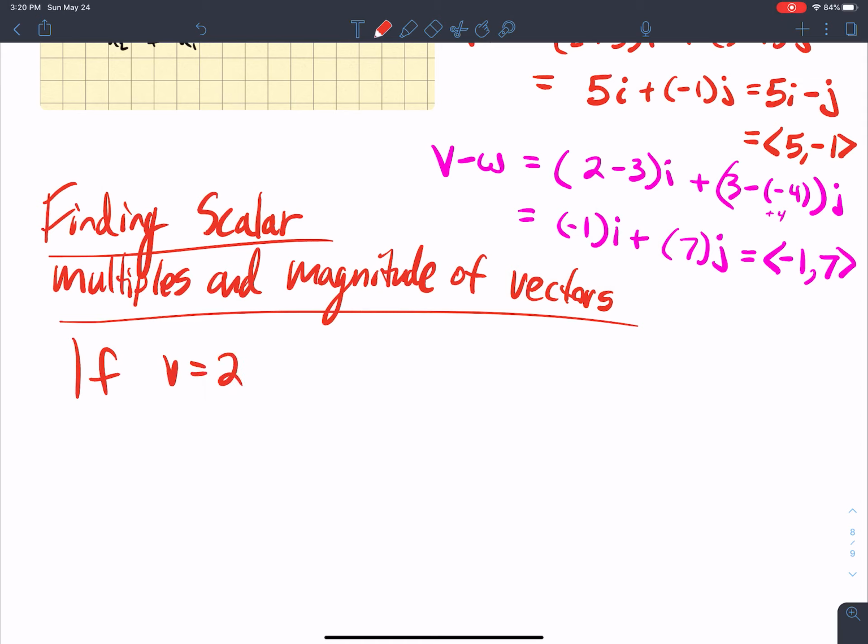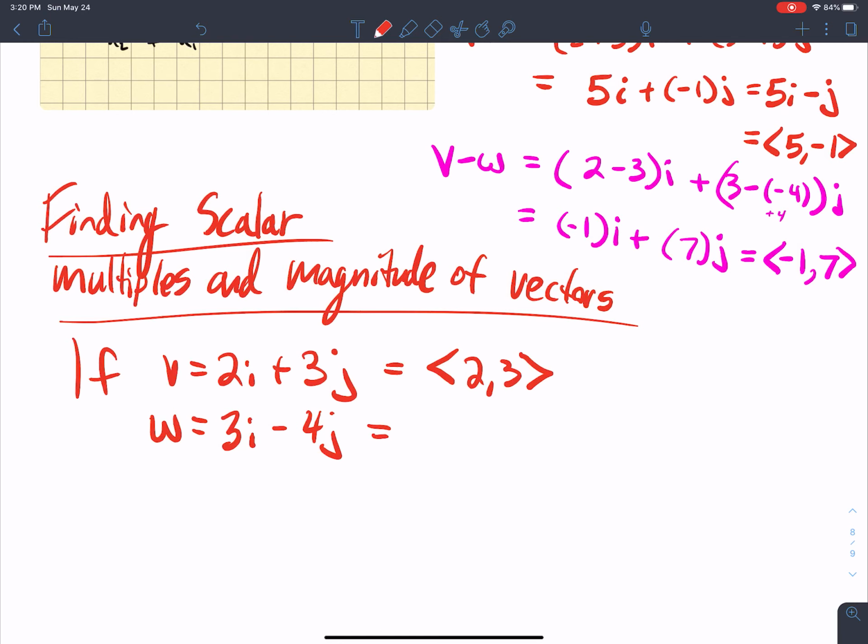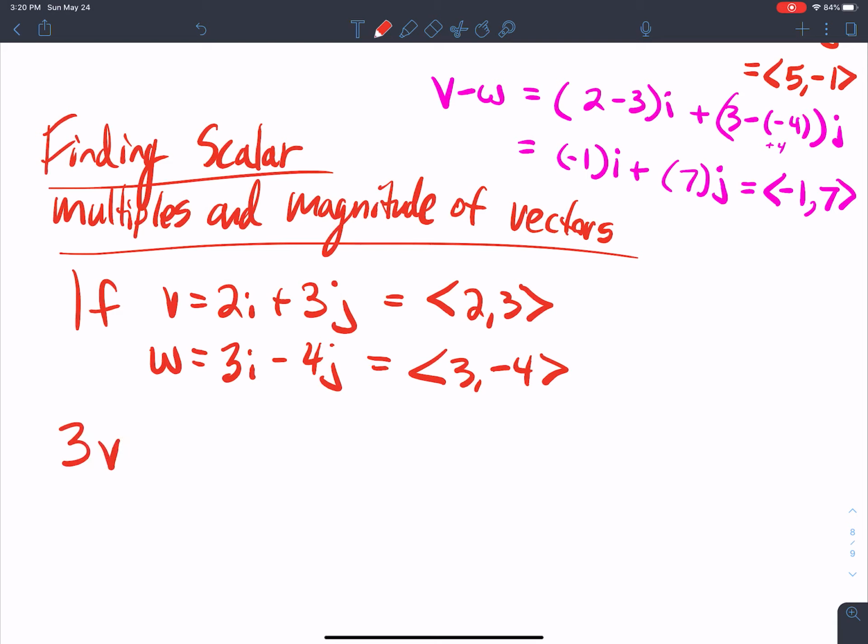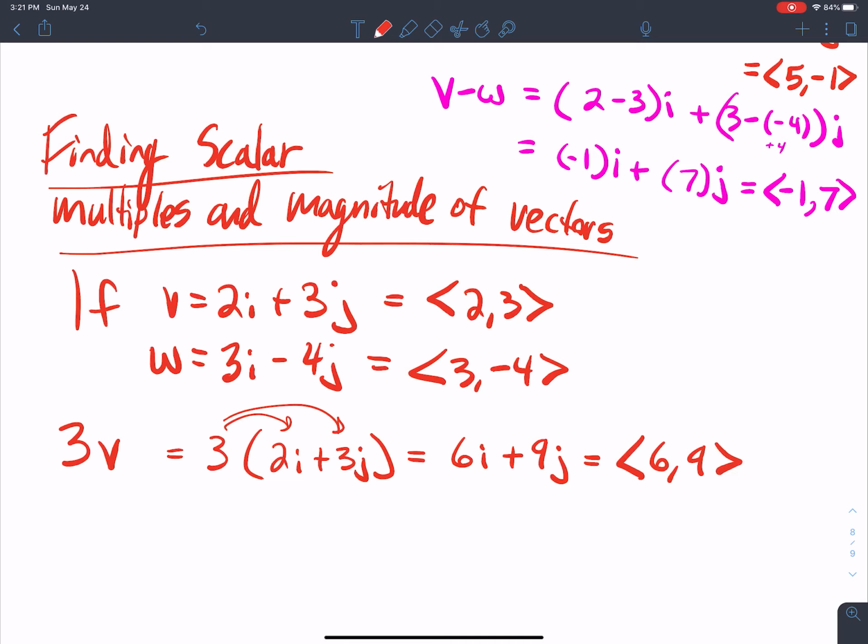If V equals 2i plus 3j, that means it's (2, 3), and W equals 3i minus 4j, that means (3, negative 4). Then I want to do 3V. Now 3V would be 3 times (2i plus 3j), which equals 6i plus 9j when I distribute the 3, which is equal to (6, 9).